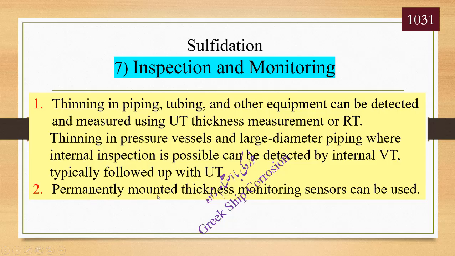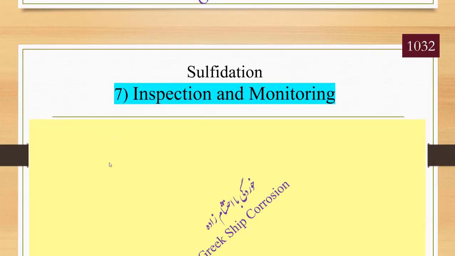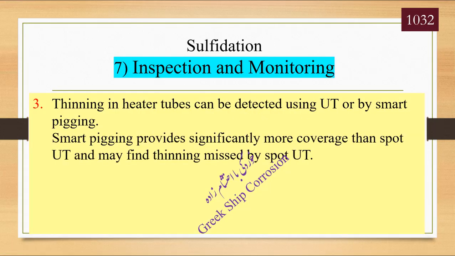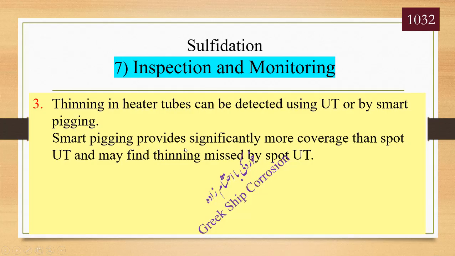Permanently mounted thickness monitoring sensors can be used. 3. Thinning in heater tubes can be detected using ultrasonic testing or by smart pigging. Smart pigging provides significantly more coverage than spot ultrasonic testing and may find thinning missed by spot ultrasonic testing.